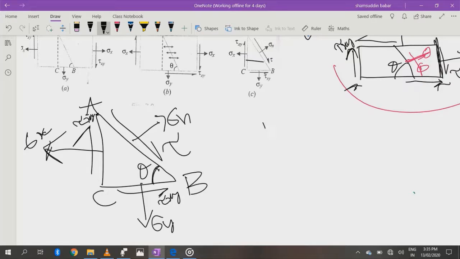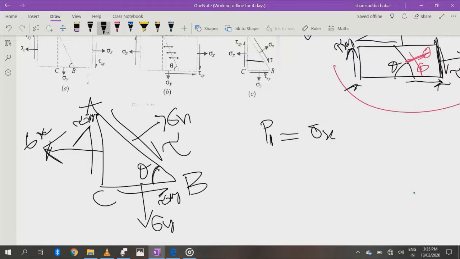For example, I'm naming P1 the force from stress x. Now I know that stress is equal to force per unit area, so to find the force I will just multiply stress by area.